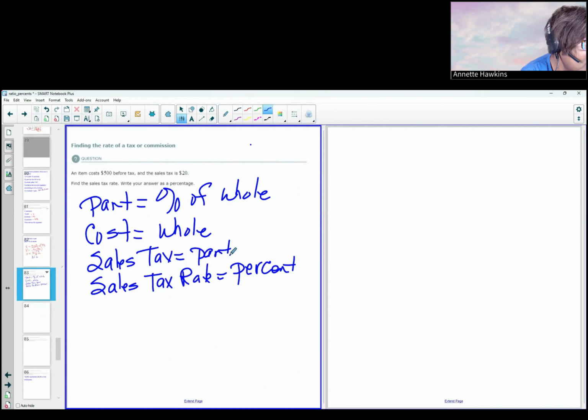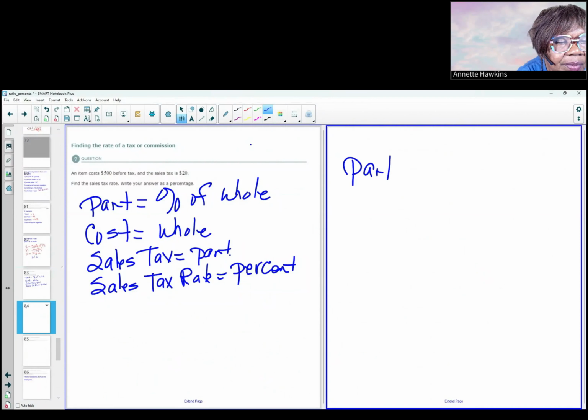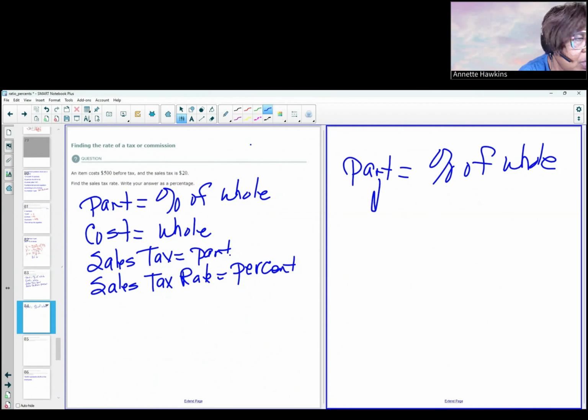So we know that part equals percent of whole. When we're dealing with sales tax, the sales tax has got to be the part. The cost of the item is the whole. So we have $20 is equal to X percent of 500.